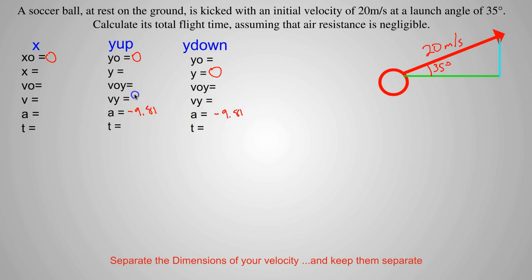I know that the final velocity up is going to be 0, which makes the initial velocity down 0 in the y direction. I don't know the final position or the initial for the y. I don't know the final position for the x. I can calculate the initial velocity of both the y and the x. So let's go ahead and do that real quick.